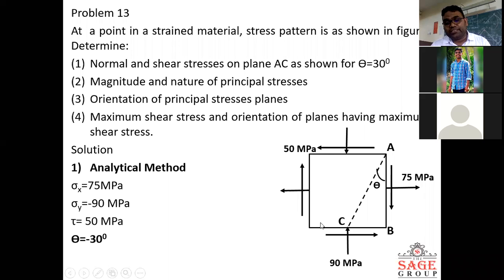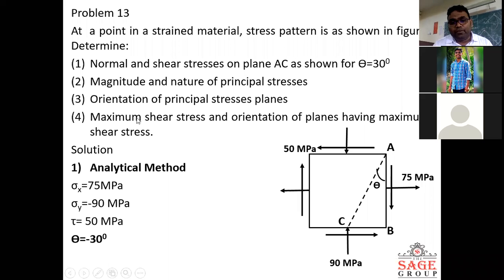And the shear stress mentioned is 50 megapascal. The shear stress acting on plane AB is positive because it is moving in the clockwise direction. And the shear stress acting on the plane where sigma y is acting is anti-clockwise, which means it is a negative one.